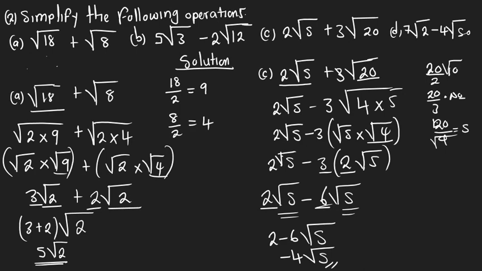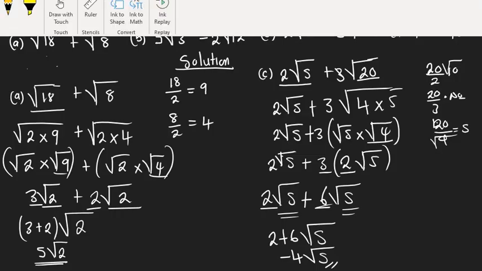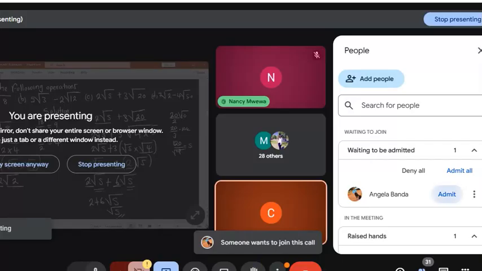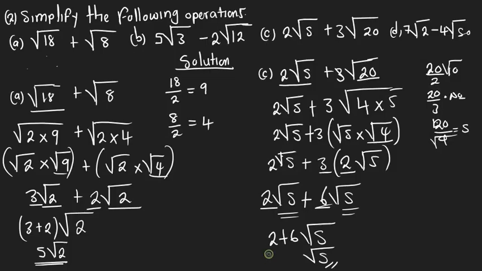I also had the same question of how it has changed from positive to negative. Oh, it's a positive here, right? So this becomes 8. Thank you so much for the correction. This becomes 8, so that becomes 8 root 5.